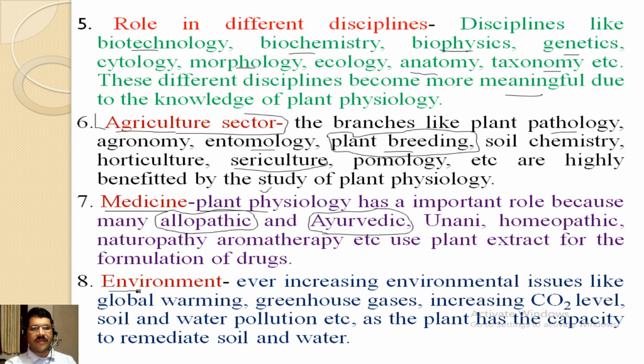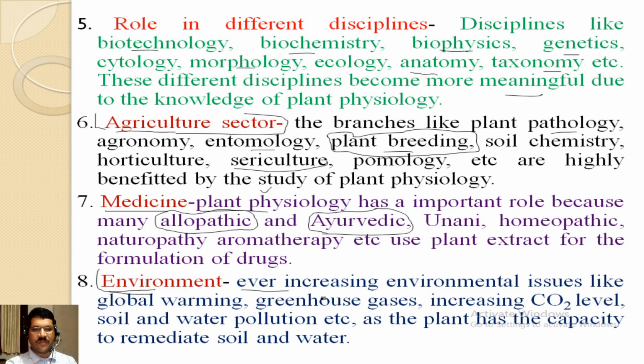Now next is environment. Here also plant physiology plays a very important role, because of ever increasing environmental issues like global warming, greenhouse gases, increasing CO2 level, water pollution, etc. All these problems have a solution in plant physiology, because if plants are in better condition, it will be useful to control pollution.